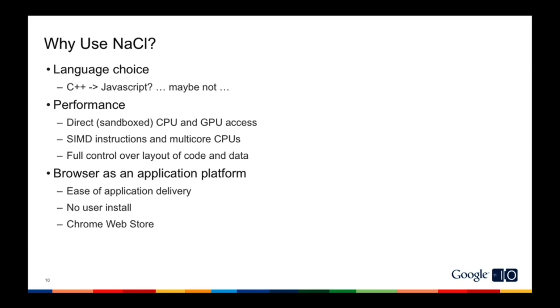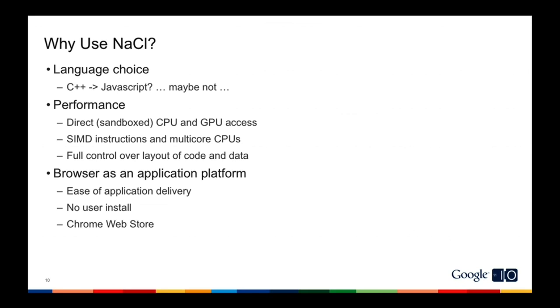And finally, this gives your client code the browser as the delivery platform. So it's no more that you have to opt into a lengthy download or hard media. Basically, there is a frictionless install, as if there's no user install.